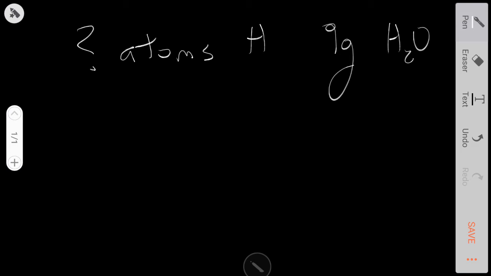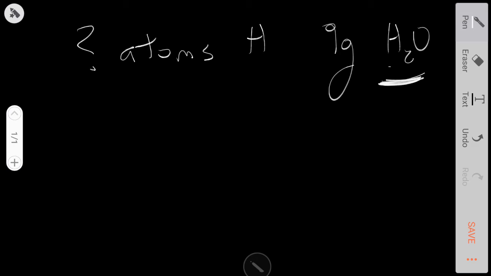To look at this question, you first need to be able to think, okay, I have a certain number of molecules of water, H2O. I don't just have H, right? But for every 1 molecule of water, I have 2 hydrogen.